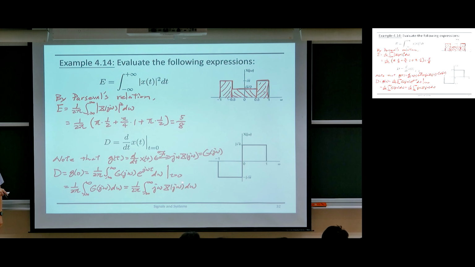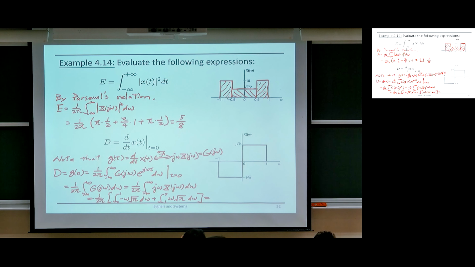Now, x of j omega we have here. Okay, so it's equal to j square root pi between 0 and 1, and minus j square root pi between minus 1 and 0. Okay, so I just plug this inside, and this will give me 1 over 2 pi times the integral from 0 to 1 of minus omega square root pi d omega, plus the integral from minus 1 to 0 of omega square root pi d omega.